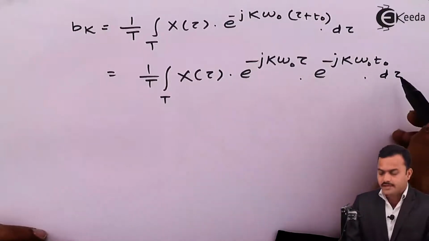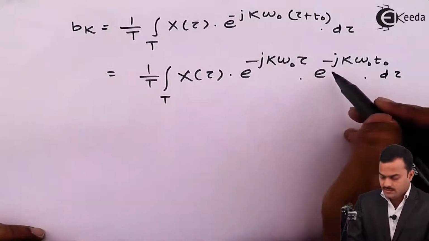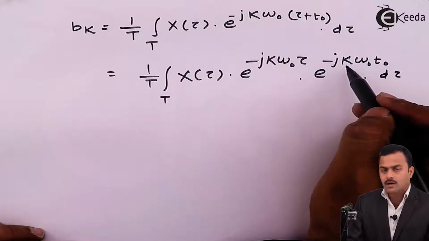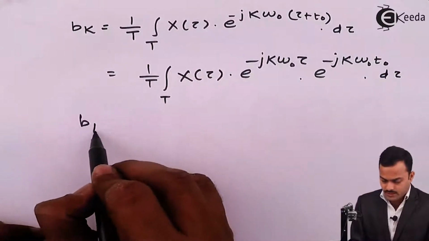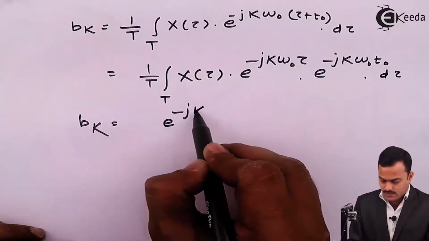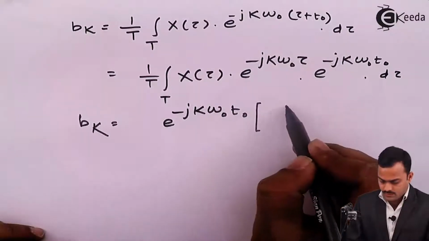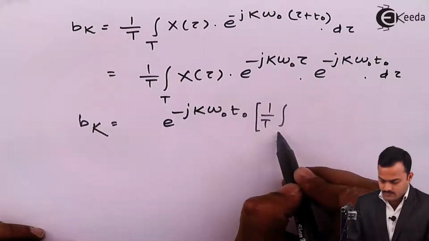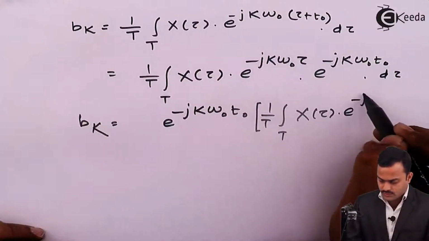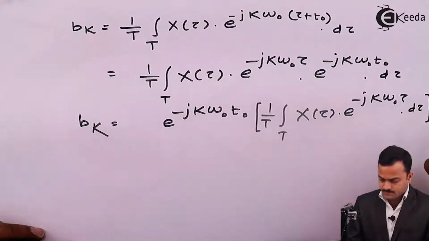Now tau is the variable with respect to which we will solve this integral. For that, this term will be a constant. So let's take this term outside the integral. So bk will be e raised to minus jk omega 0 t0 times 1 by T integral over capital T x of tau e raised to minus jk omega 0 tau d tau.